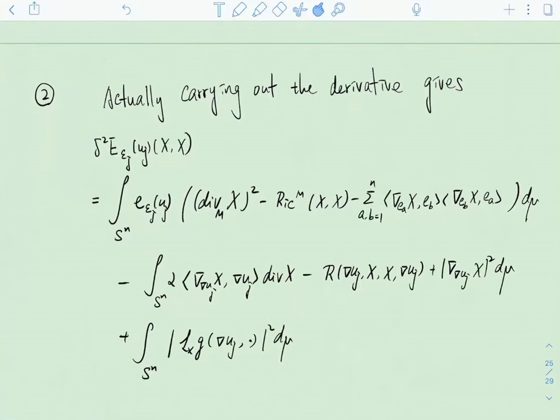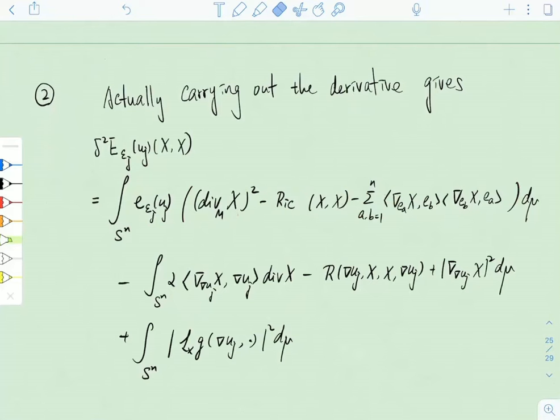The exact form of this formula is not that important for our present purposes. But let me just point out that these terms in here that are being multiplied by the Ginzburg-Landau energy density, they resemble the terms in the second variation of the varifold a lot, except that this divergence and this sum here and this curvature term here, they're all taken over the whole manifold instead of just along your submanifold.